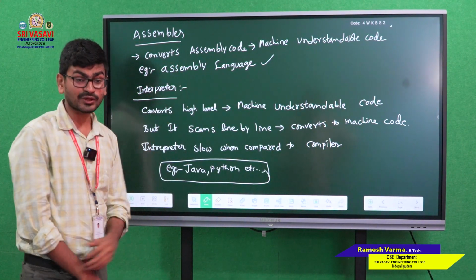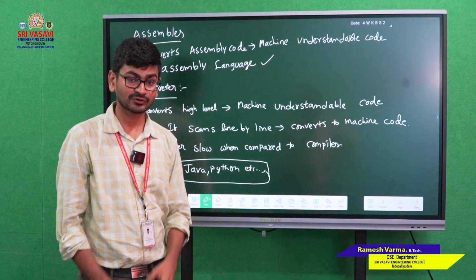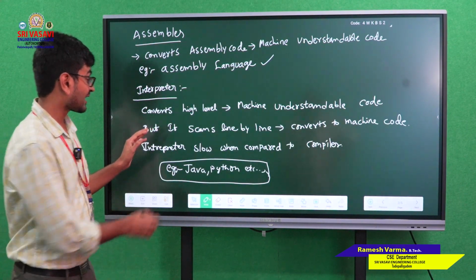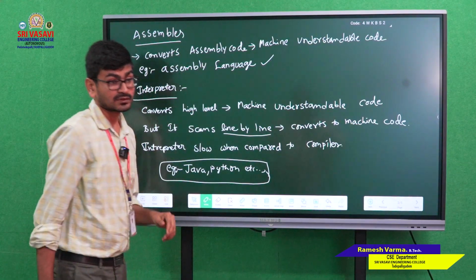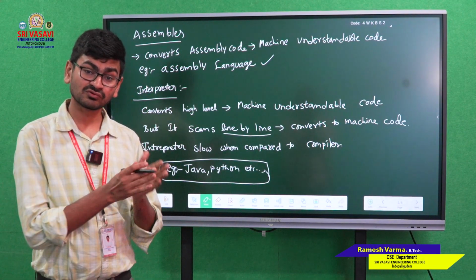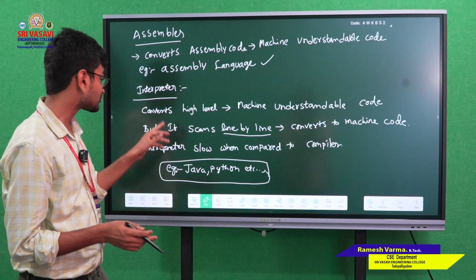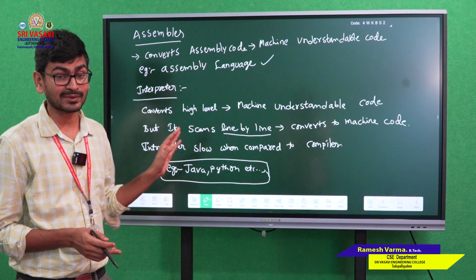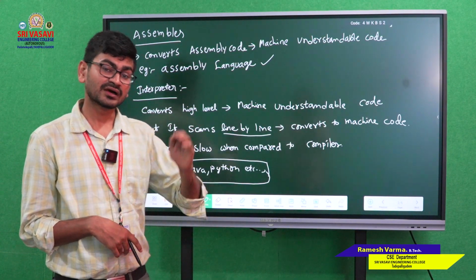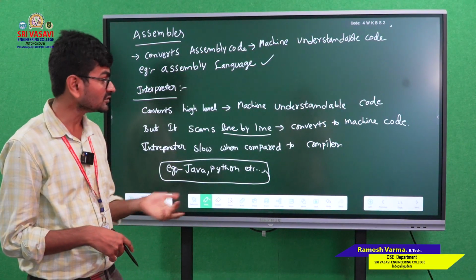Interpreter can convert high level language to machine understandable code directly, but it scans line by line. The compiler scans the source code at one glance, but the interpreter scans line by line. It scans one line and converts it to machine code, then goes to the next line, and that line will be converted to machine code.